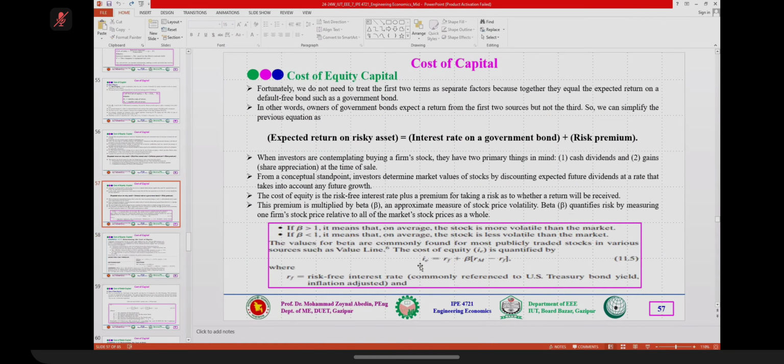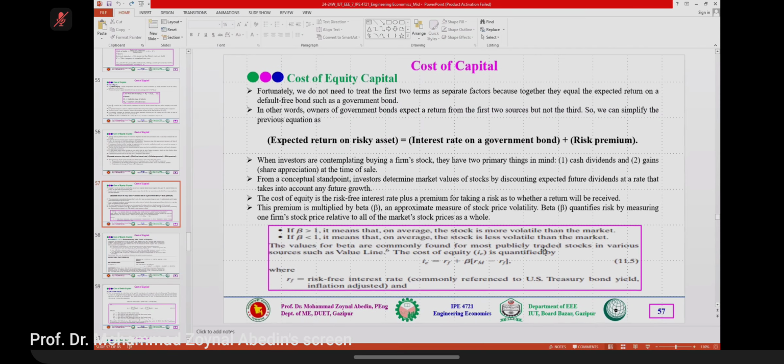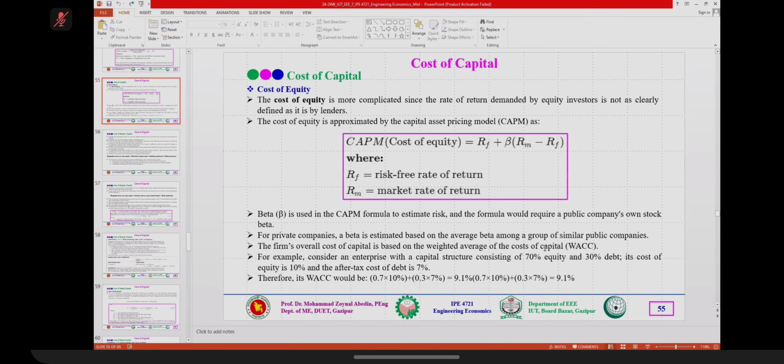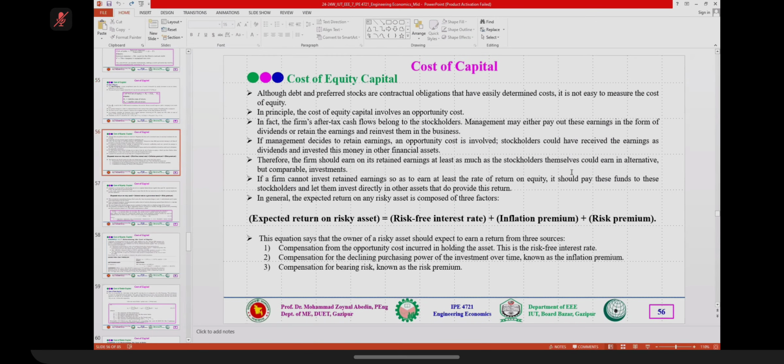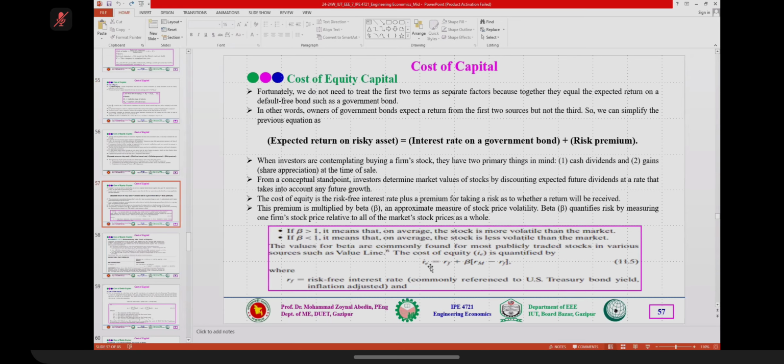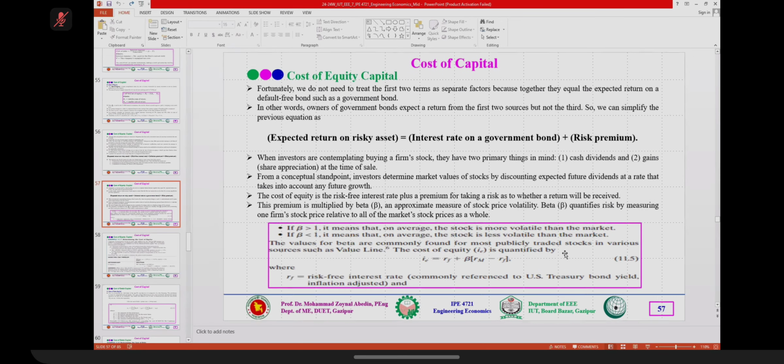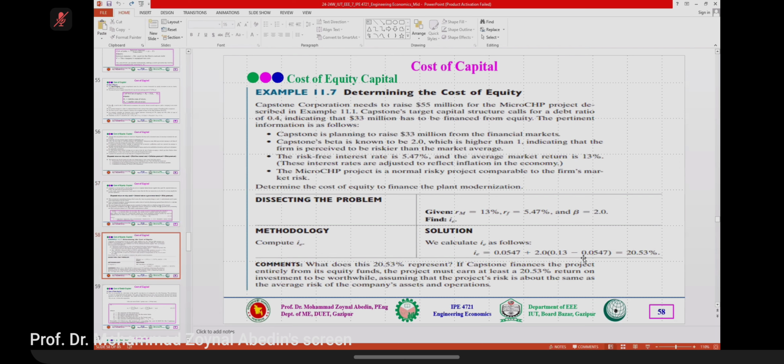We calculate iE as follows. The formula: iE equals RF plus beta times (RM minus RF). Very simple. If you put in the values, you'll get the cost of equity as 20.53%.